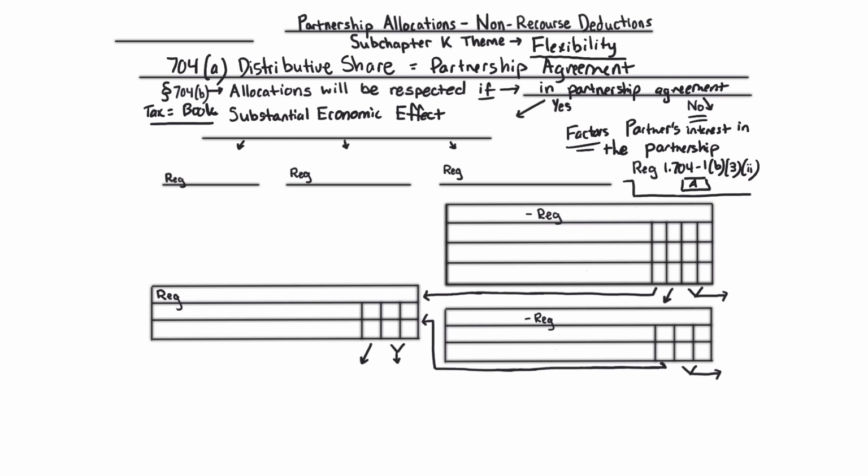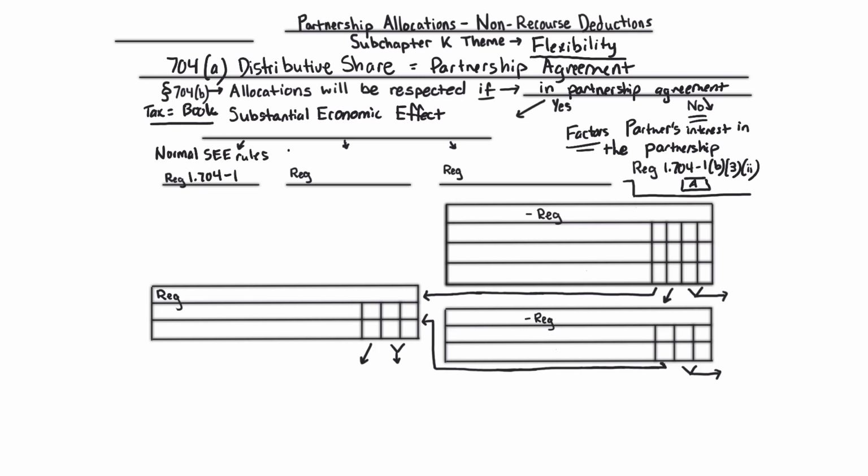Well, there are really three different areas that the 704 regs break apart, different situations. The first is what we call the normal substantial economic effect, also known as SEE rules. So normal substantial economic effect rules, and that's found in Reg 1.704-1. This applies to normal allocations.